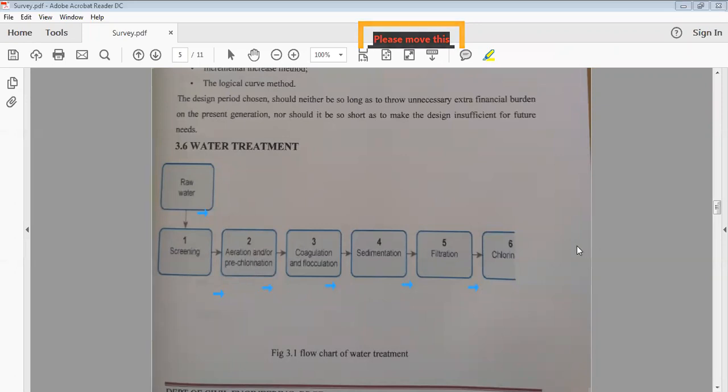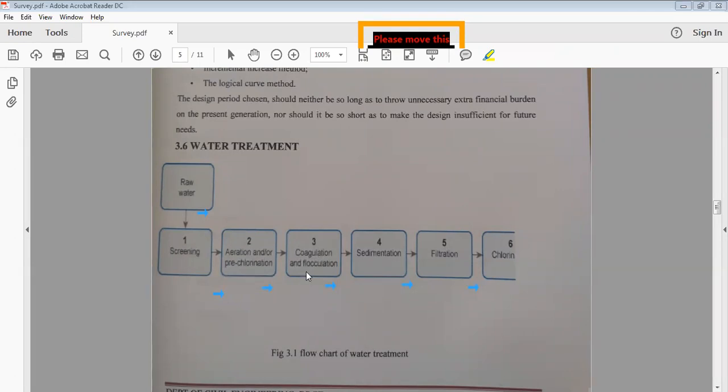The second tank and sixth tank are both the same, right? And then we also design screens, assuming the length of the screen, length into breadth. Then we designed this chlorination tank. We also designed how much pipe has to be there while supplying this coagulation alum. What is the diameter of the pipe?